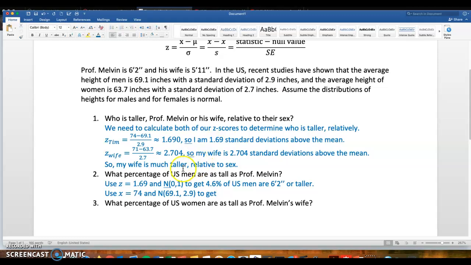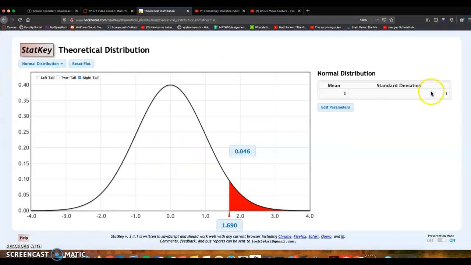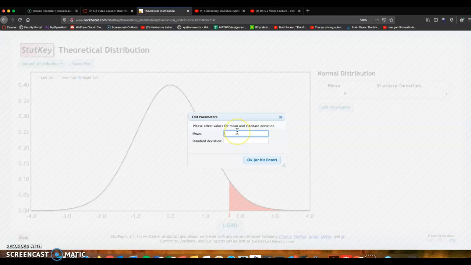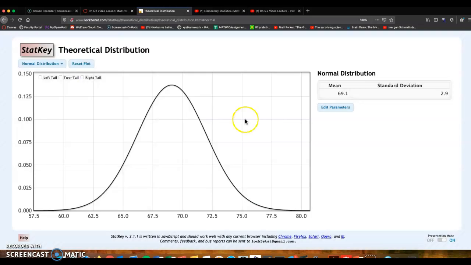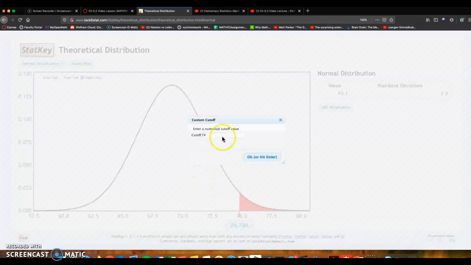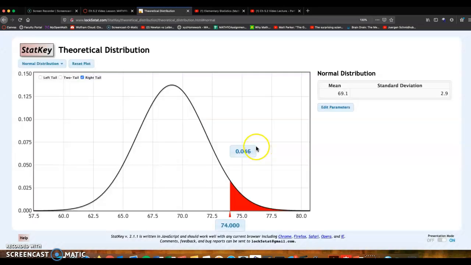To do that, go back to the normal distribution, edit parameters, change the middle to 69.1, and the standard deviation to 2.9. So here, the center will be about 69.1. Right tail, and I need to change this bottom entry to 74. And voila, we get the exact same thing, 4.6%.